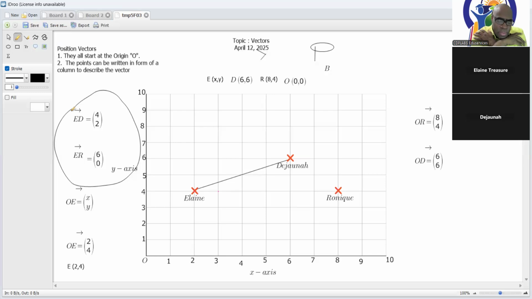Try to see them on the board with your eyes closed. I'm trying to. ED and ER. All right, repeat that again. What I'm seeing, they're going in a straight line.